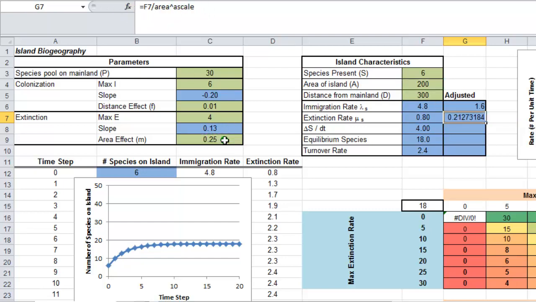So we actually don't know what these are, and we can do studies to try to calibrate what these values actually should be.